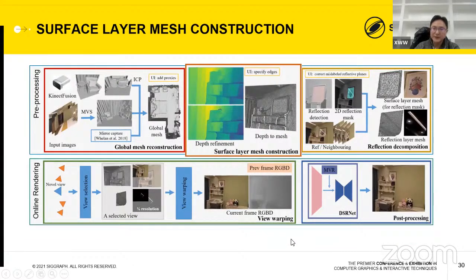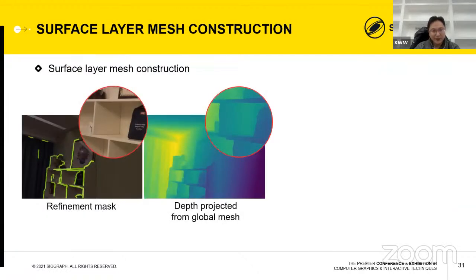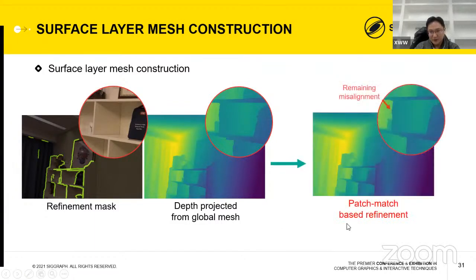The second step is to refine the depths at each view. The purpose of this refinement is to align the geometry edge with the image edge, so as to reduce the tearing or ghosting effects in the view blending. We can see some mismatch between the geometry edge and the image edge.